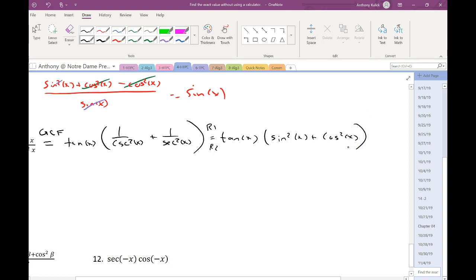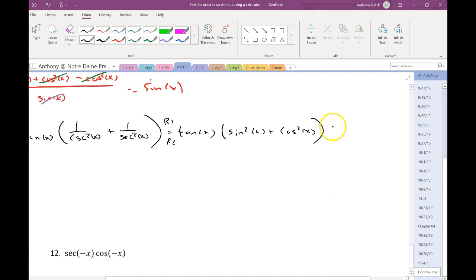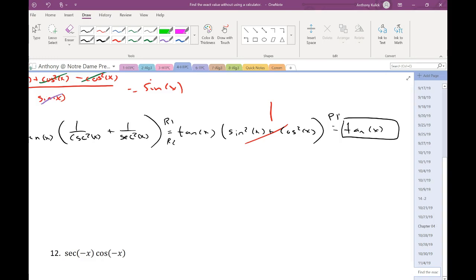And now, what do I use? Yeah, P1. So what does that do? Sine squared plus cosine squared is 1. So you're just equal to tangent.